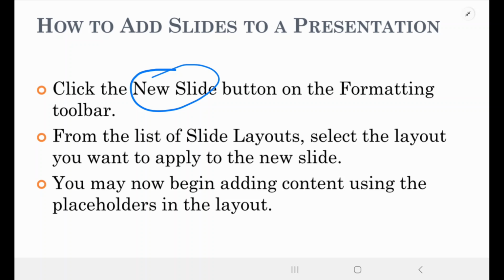These and many more types of slides are available by default in the new slide option. By selecting any one as you want, this will appear in the slide pane.